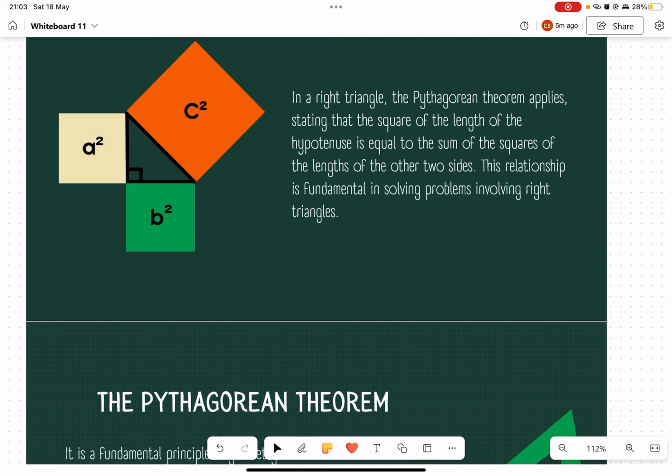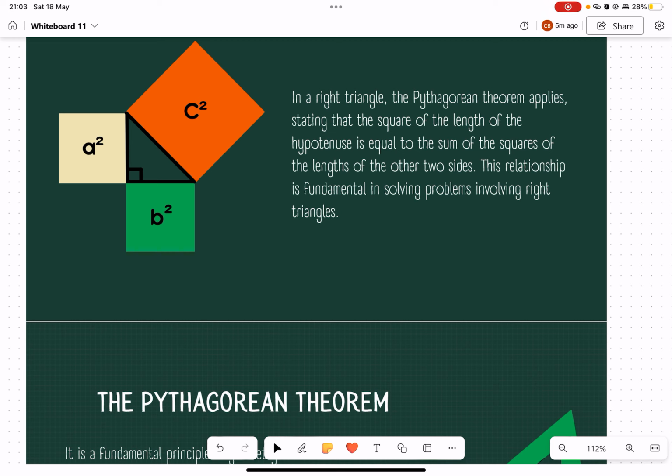So this is the definition. In any right-angled triangle, the Pythagorean theorem applies. The Pythagorean theorem only applies to right-angled triangles, stating that the square of the length of the hypotenuse is equal to the sum of the squares of the lengths of the other two sides.